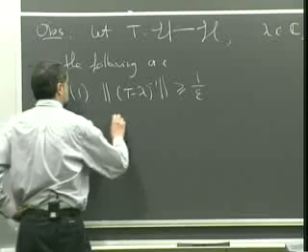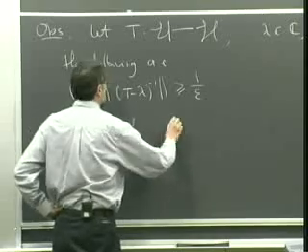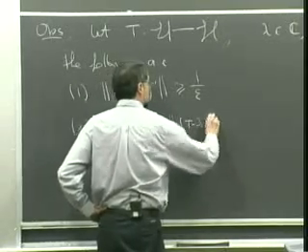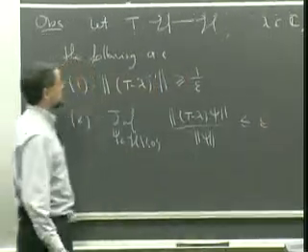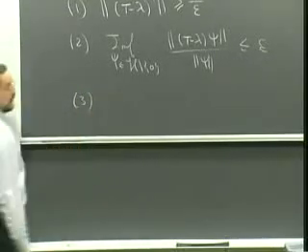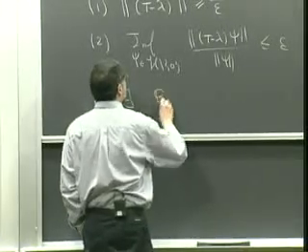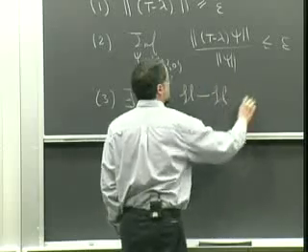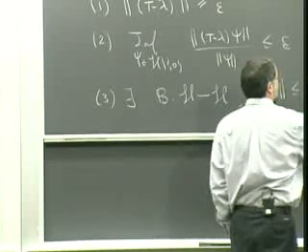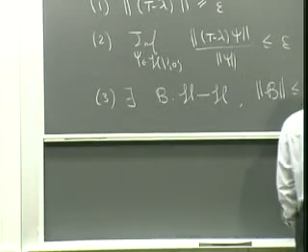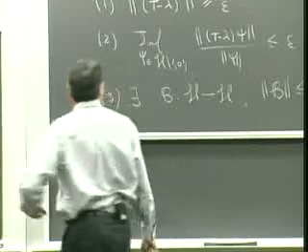Two, the infimum over non-zero vectors of the norm of T minus lambda acting on psi divided by norm psi is less than or equal to epsilon. And three, there exists another operator B, H to H, such that the norm of B is less than or equal to epsilon, and lambda is in the spectrum of T plus B. And so these things are equivalent.